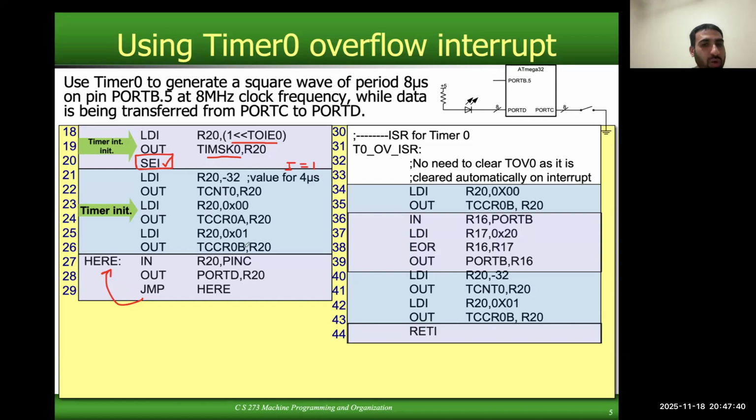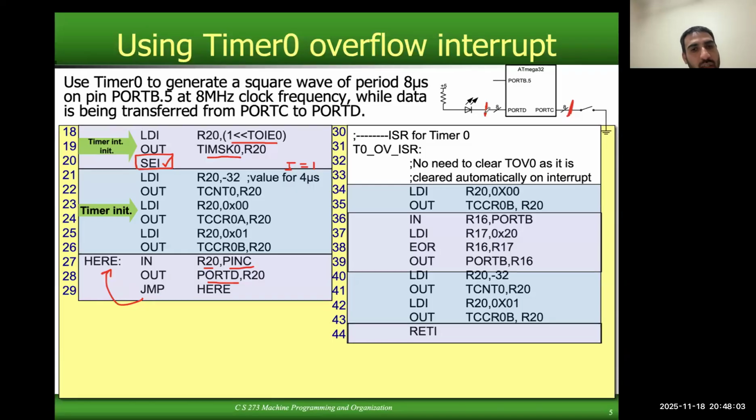So for example, you are simply reading the data from port C, putting it in R20 and then sending it to port D. So continuously you are reading the value of these switches and displaying them on the output. You are doing some task, and you are not worried about your overflow flag as we were when we were using polling, right?